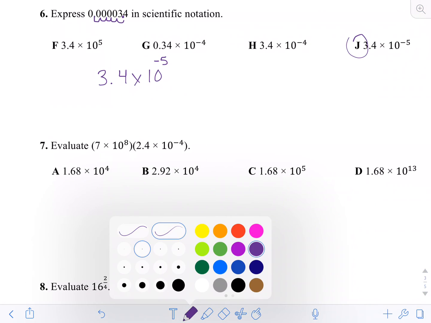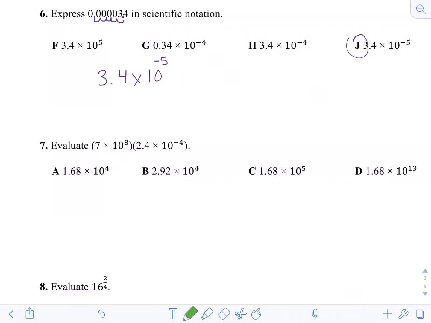Okay, number 7, we're going to have to multiply. So we have 7 times 2.4, and then we have times, I'm going to actually, instead of x, put a dot here, times 10. Whenever you multiply, you add exponents, so 8 plus a negative 4.